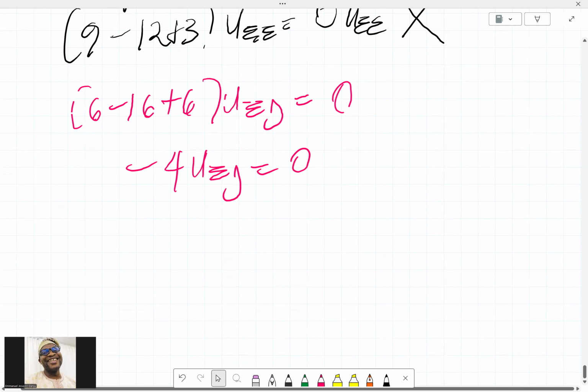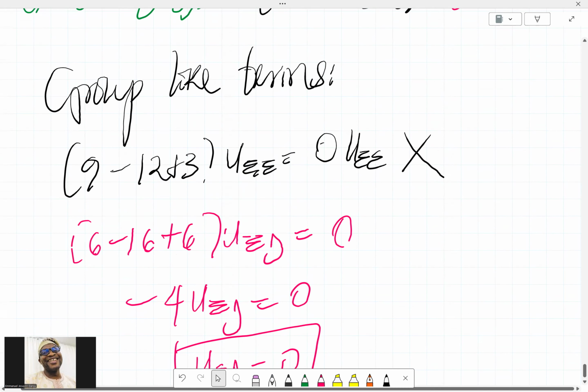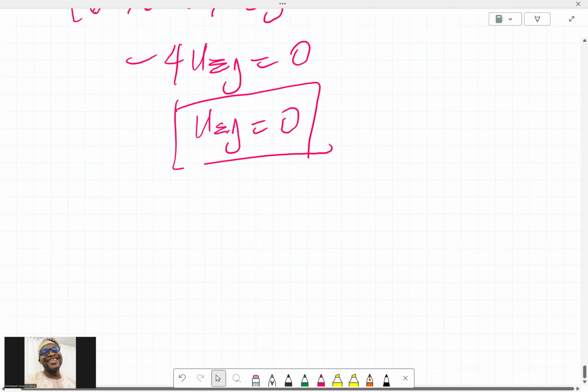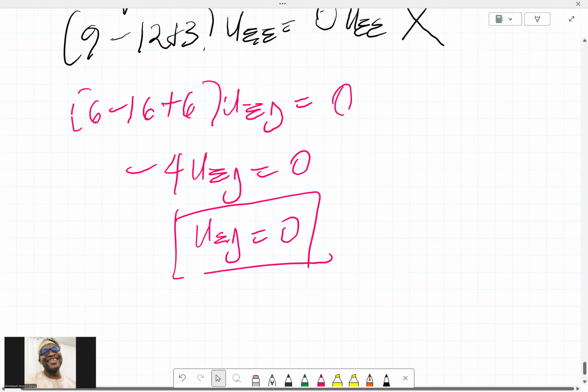That means that u psi eta is equal to 0. The other terms were just 0 all the way, so we couldn't get anything out of those. So I think that's the only thing we can get.